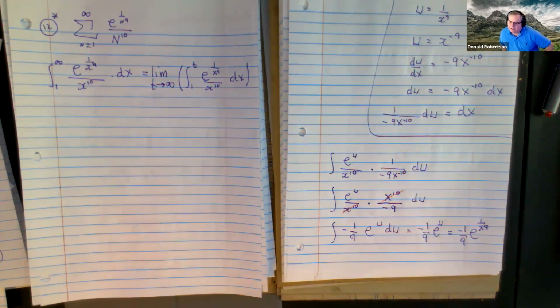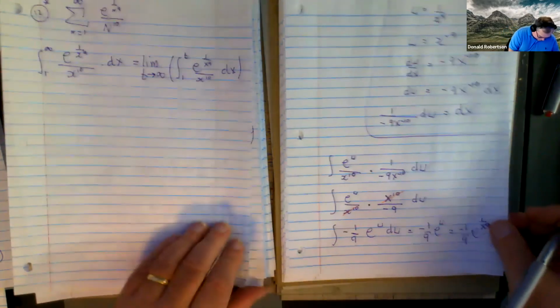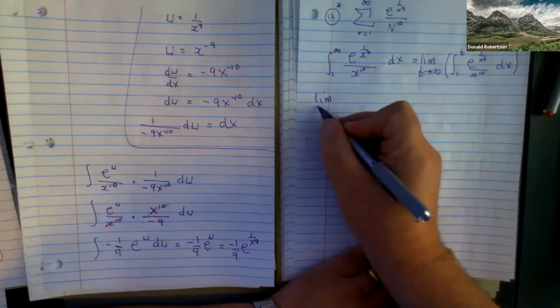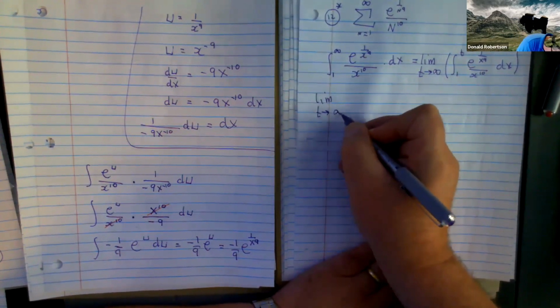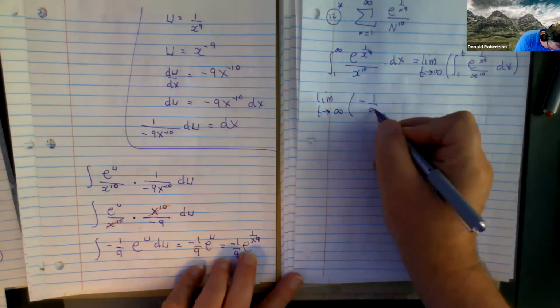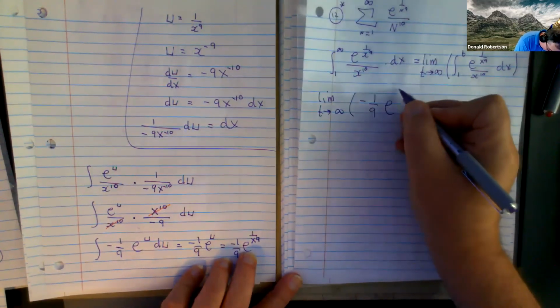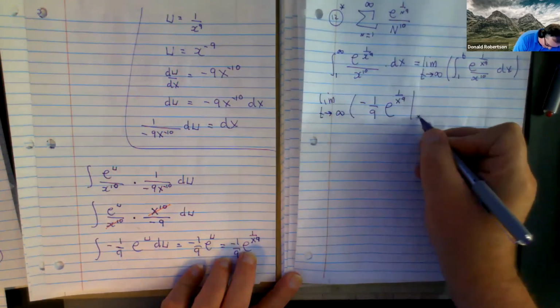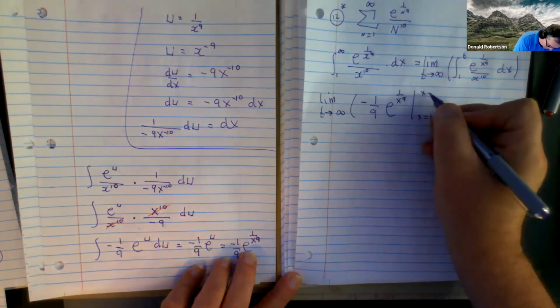Are we good? Okay, so I'm going to be plugging in here. It's going to be the limit as t tends to infinity of negative 1/9 e to the power of 1 over x to the 9, evaluated at x equals 1 to x equals t.